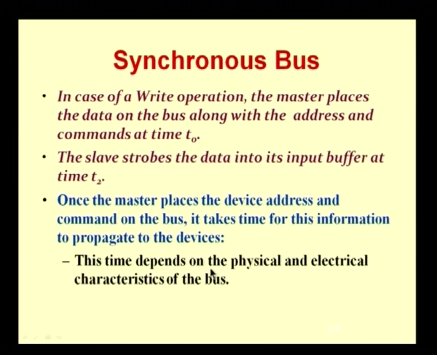It takes time for the signal to propagate along these wires, so we need to give some time for the propagation to happen, which is why this time t0 to t2 needs to be specified. Normally this time will depend on the physical and electrical characteristics of the bus, so it is basically a design decision.